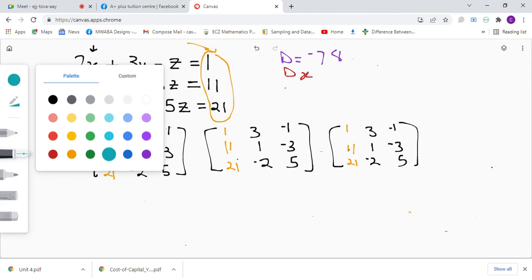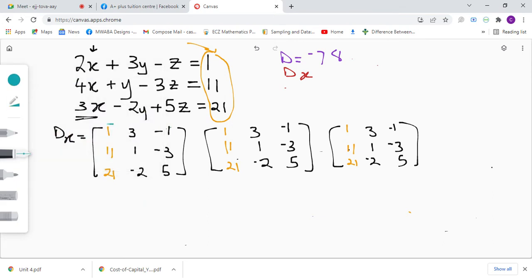We circle the topmost number, which is 1 here, right? Then do this. All right, so we have 1 outside, okay, 1.